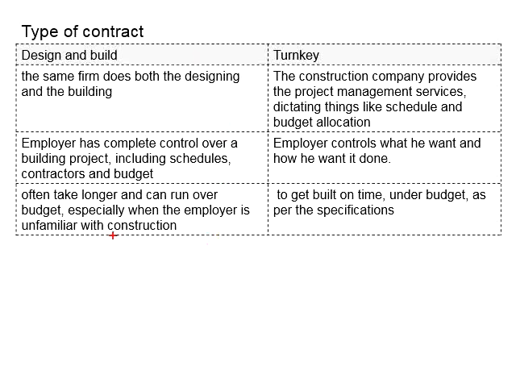Let's say now the employer is unfamiliar with the construction. This can lead to a lot of problems, particularly in terms of the coordination, and this often takes longer time and it may run over the budget. These are the limitations of the design and build contract.